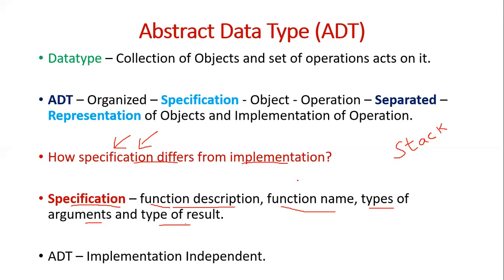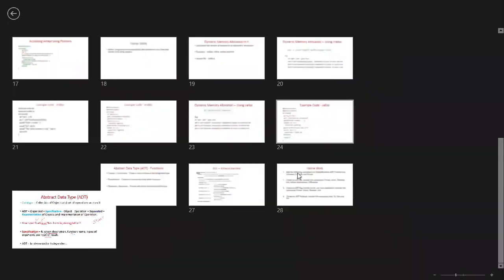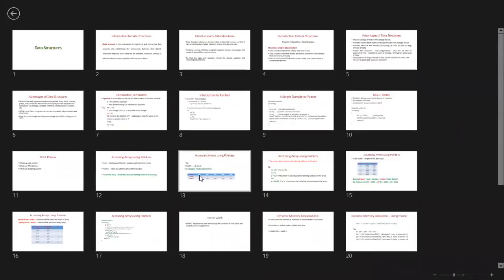That is, whatever data you push into the stack last, that will be the one which will come out first. Okay, and whatever data you pushed first into the stack, that will be the one which comes out last. So this is the function description for the stack data structure. Okay.